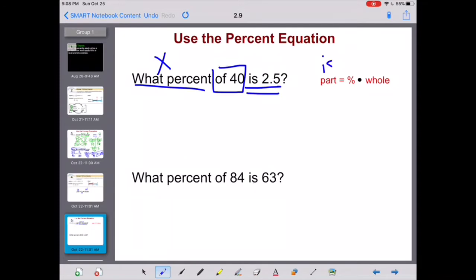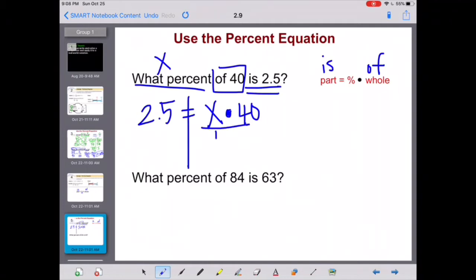What percent of 40 is 2.5? Remember that part is, whole is of, so I'm going to plug in what I can. My part is 2.5, so that's going to be equal to my percent, which I don't know, times the whole, which is 40. Okay, to get the x by itself, I'm going to divide by 40.